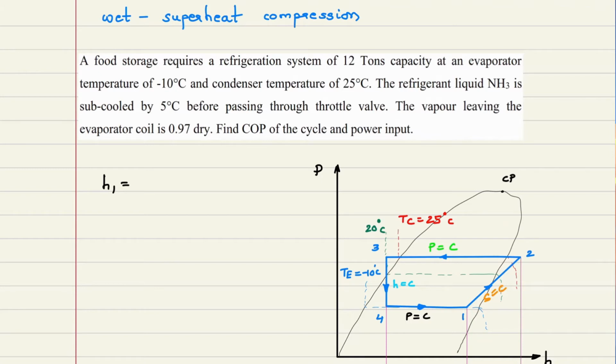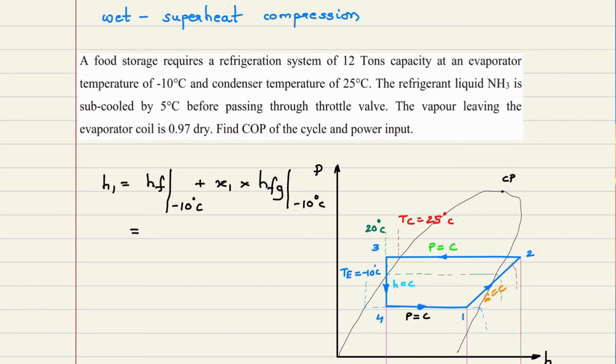H1 is equal to, it is in which region? Wet region. So what will be the condition over here? Saturation temperature -10. So H1 will be Hf at -10 plus X1 into Hfg at -10 degrees Celsius. Okay, from here Hf value we have to read from the table.